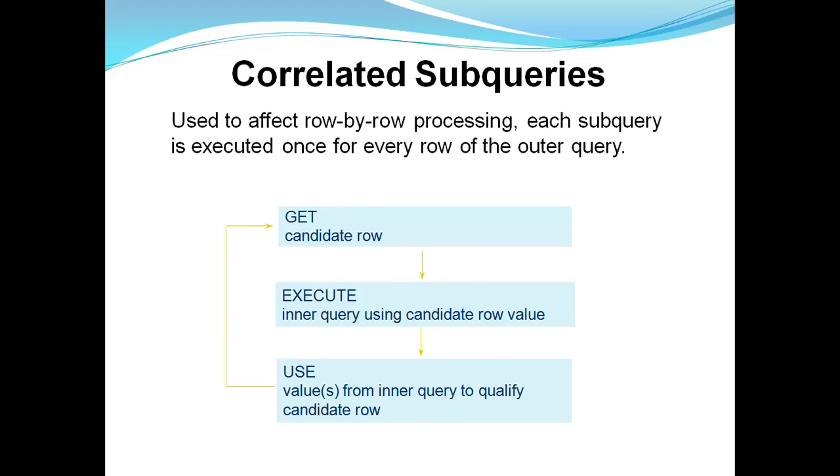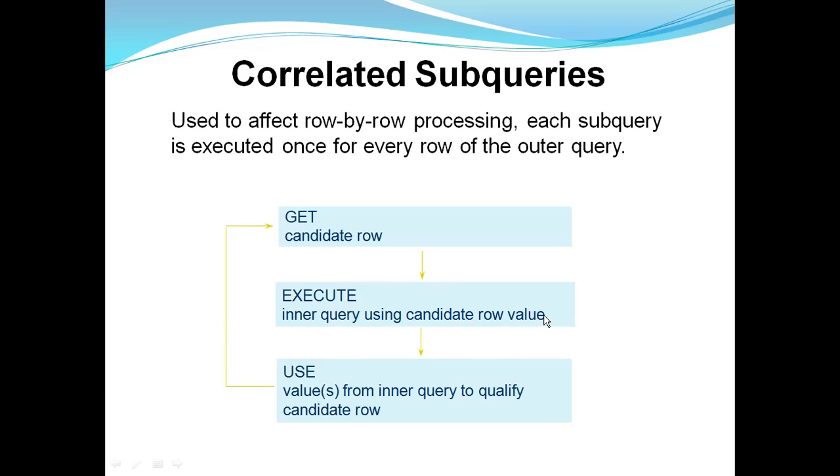Candidate row is a row of the main query. Whenever the main query's first row is there, the first row will be considered as a candidate. It executes the inner query using the candidate row value. What do you mean by that?